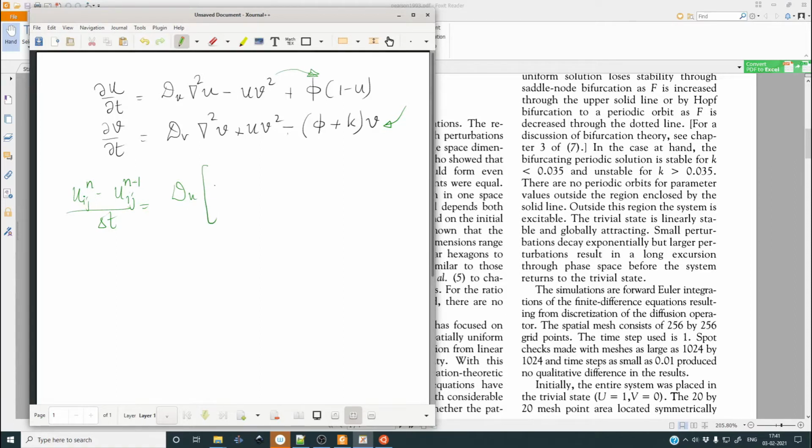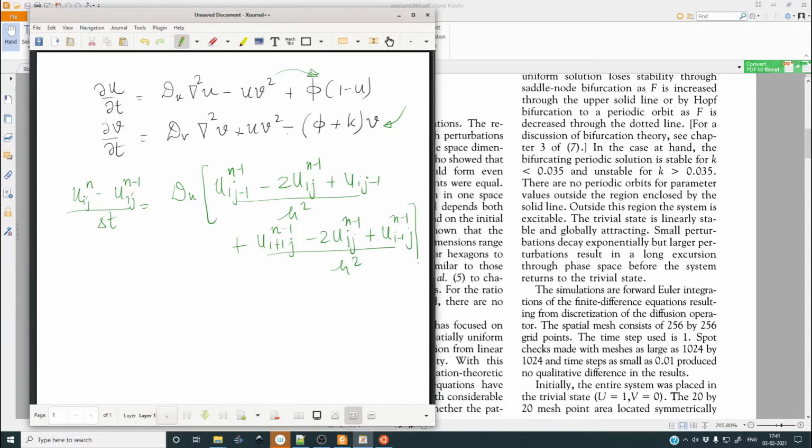So plus Du times (u_i,j+1 minus 2 u_ij plus u_i,j-1), so these are all at the n minus 1 time step, upon h square, plus (u_i+1,j^(n-1) minus 2 u_ij^(n-1) plus u_i-1,j at time n minus 1) upon h square.